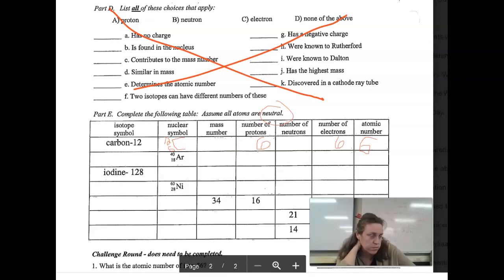The nuclear symbol is really cool because I just take 12 minus 6. The mass number is 12. It's just the number right there. That's how we write the isotope symbol, you just put the mass number at the end. It's 12, and 12 minus 6 is 6.